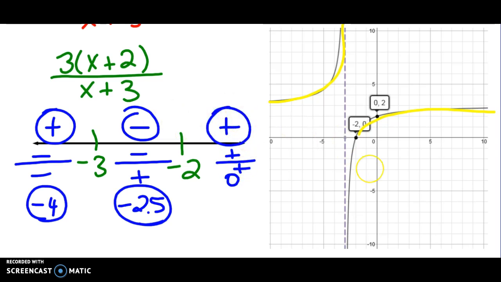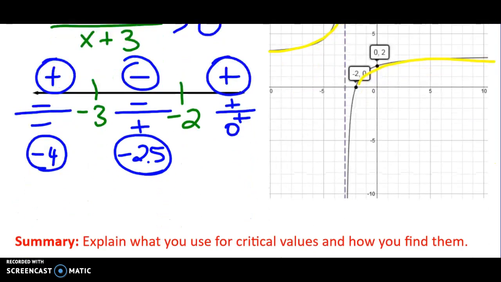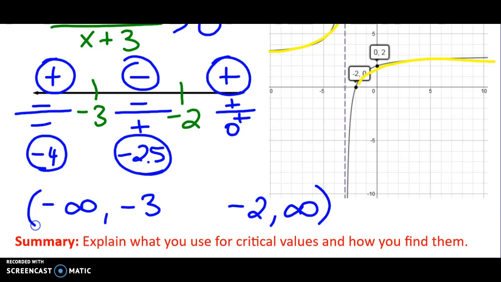And we want positives because this thing was greater than 0. So we would be from negative infinity to negative 3 and negative 2 to infinity. And then we just have to determine, since this is a vertical asymptote, we don't include it. Since this is an x-intercept, but it's not equal to 0, only greater than 0, we also don't include that.